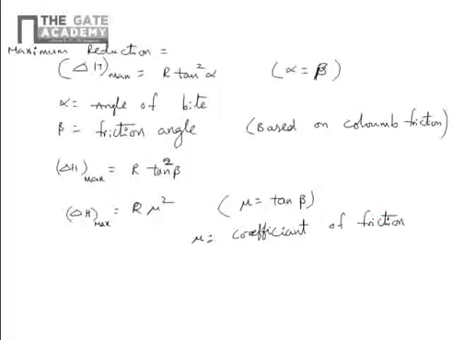So if you want to increase the reduction, what you need to do? You need to increase the radius of the roller or increase the friction between the rollers and the sheet.